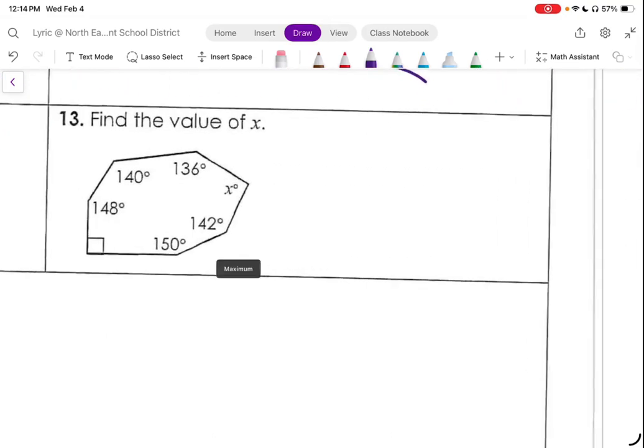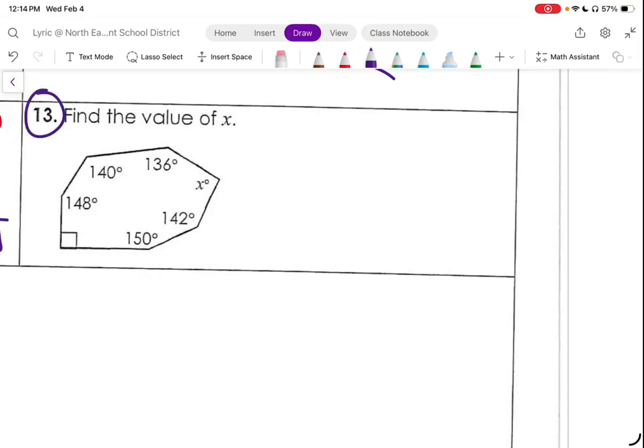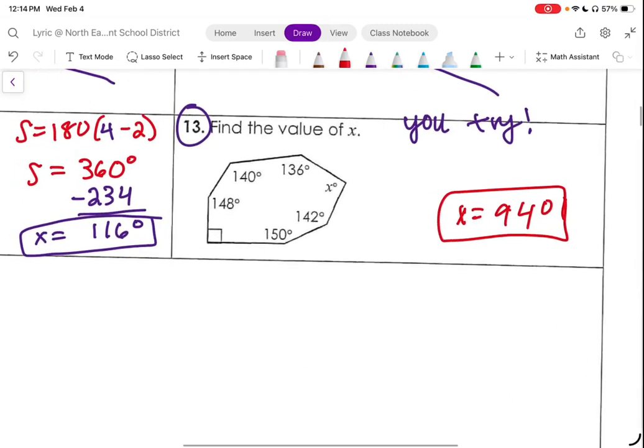Number 13, very similar. Do this one on your own. Pause the video. All right, hopefully you paused the video and tried it on your own, and you found that x equals 94 degrees. Awesome.